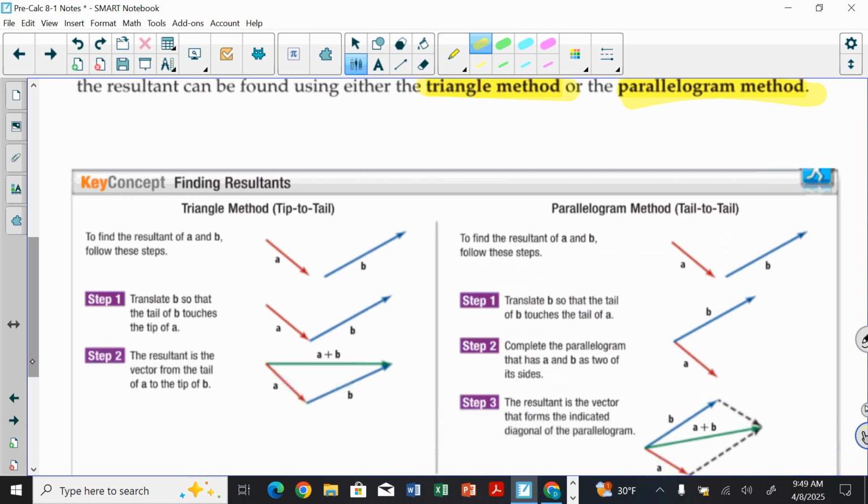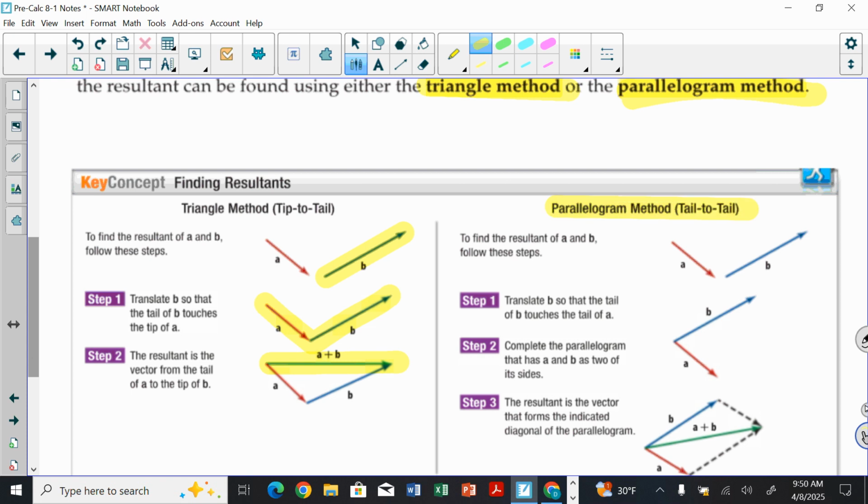So you're going to translate these vectors so that the tail of B touches the tip of A. I just move this down so that the arrow part touches, okay? The tail of B touches the tip of A. Then I draw the line that connects both of them to form a triangle, and that becomes my A plus B, all right? In the parallelogram method, it's a little different.